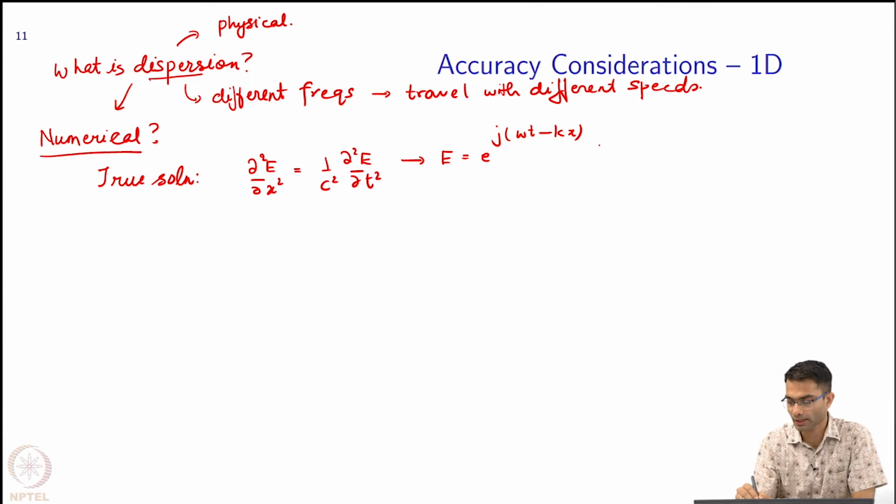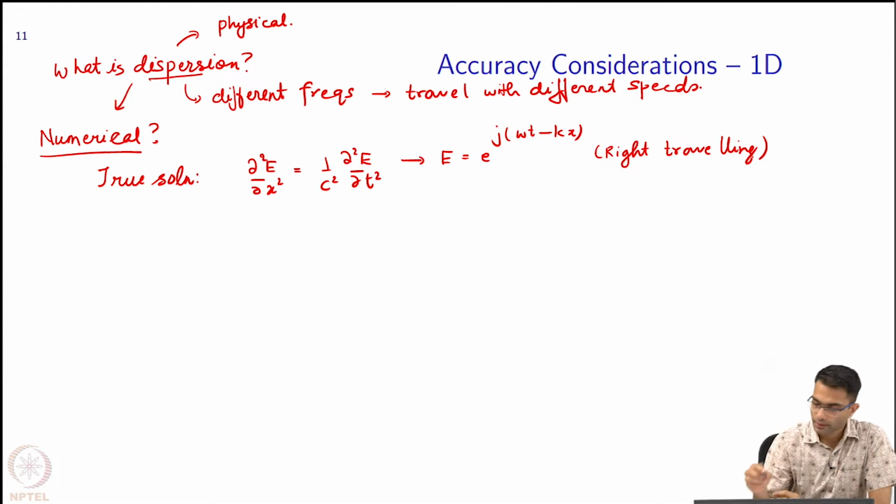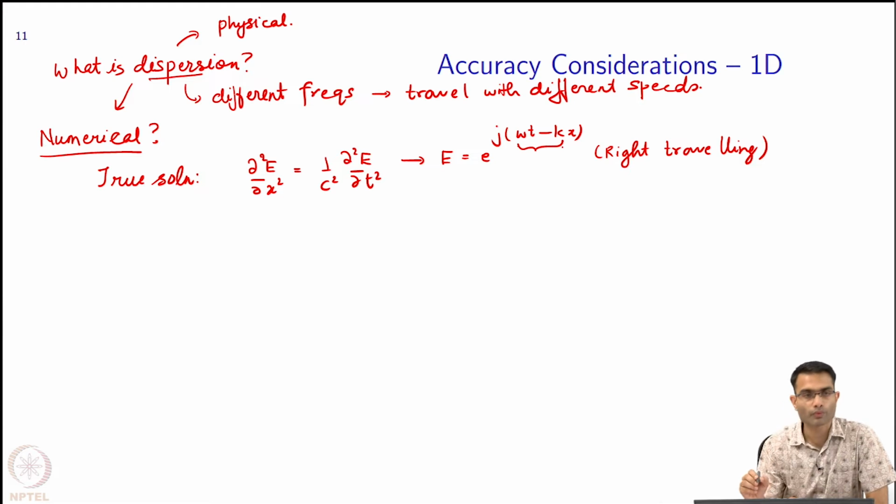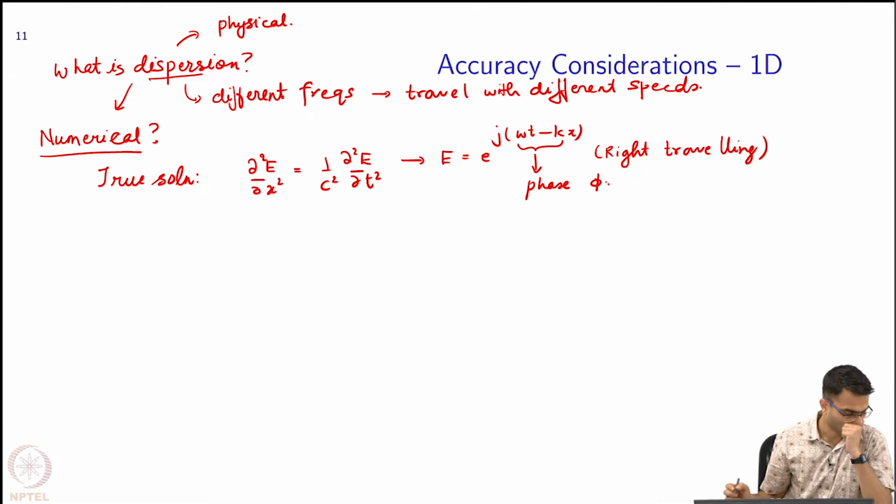So, this is a right traveling wave. Okay. What would we call this term inside the phasor? Phase, right. So, this is the phase phi. Okay.